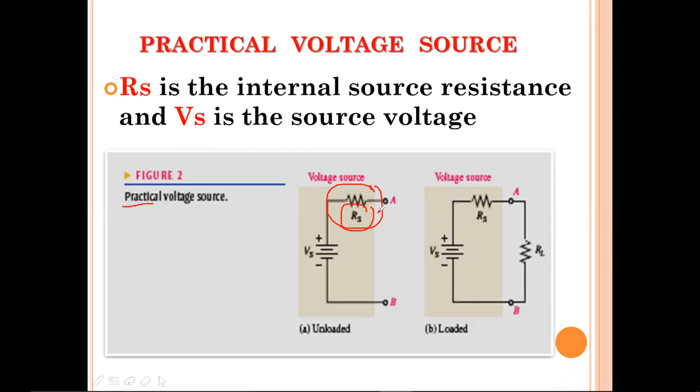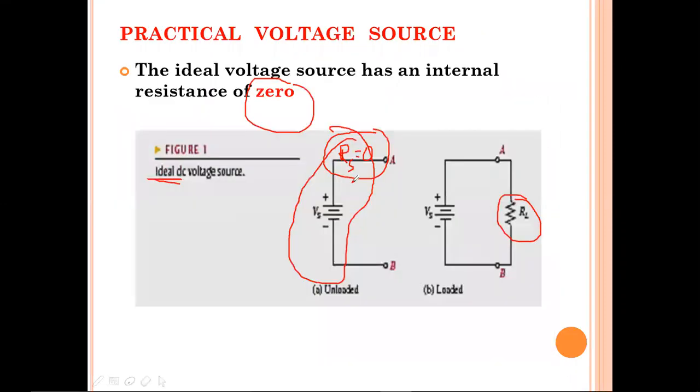In the ideal source, this resistance is not present; instead of Rs, 0 is present. That is the main difference between ideal and practical. Loading is your choice, you can add the load. But in the practical source, there is a value of resistance in the circuit.